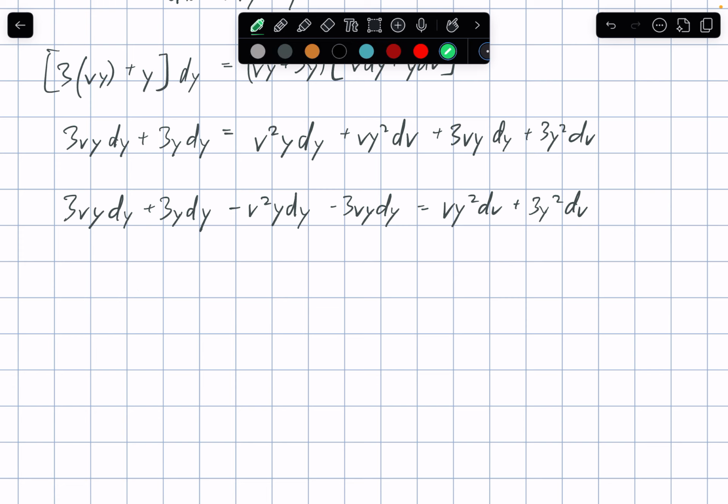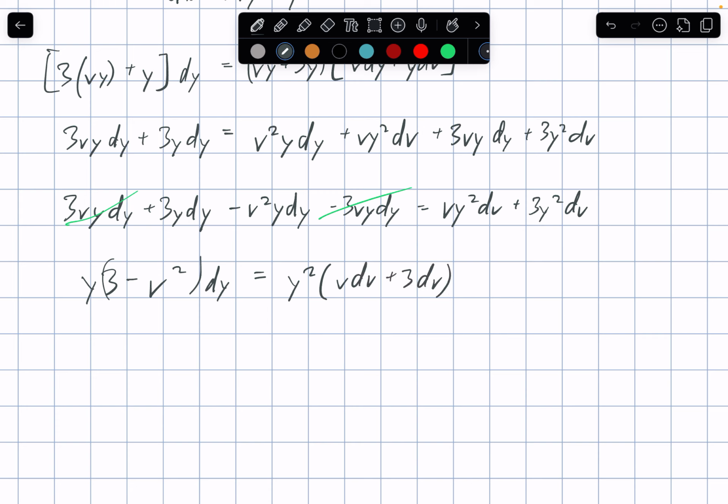Wait a minute. No. These can cancel. Okay. So at this point, we only have two terms for dy. 3 minus v squared, no? Other side, y squared.